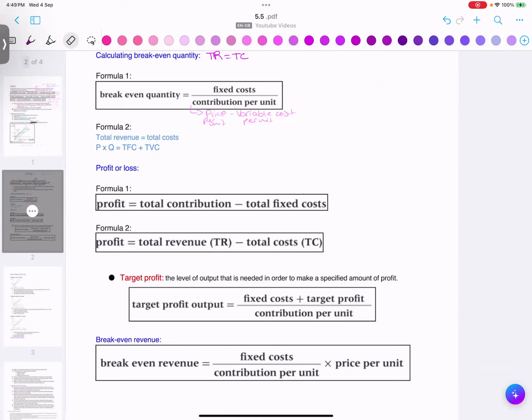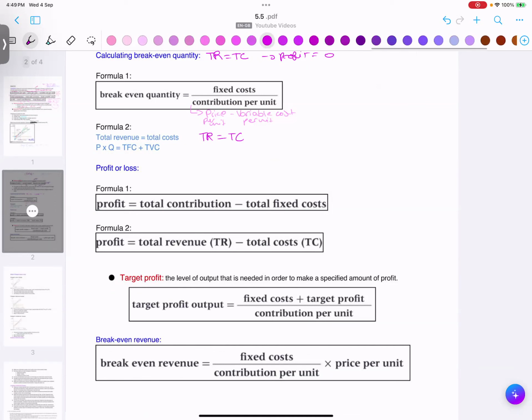So now we're going to actually show you. Since total revenue equals total cost, that means profit is 0. Okay, so this is for break-even, right? So what you do is total revenue equals total cost, and then you break them down. How do you break them down?